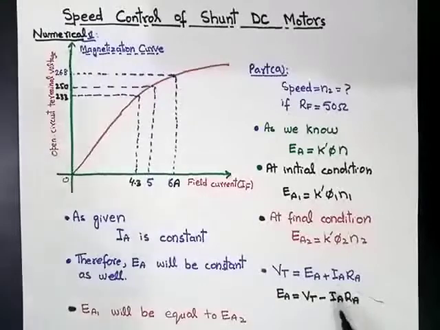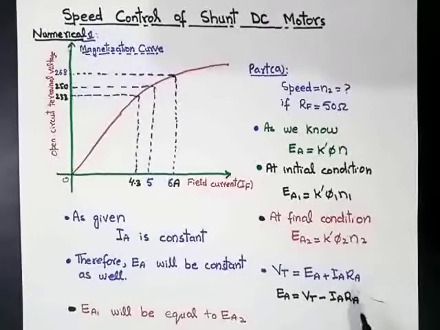The important point here is that the terminal voltage is constant, and the internal resistance is also constant. In the given parameters, the armature current is also assumed to be constant. That's why the value of IA will be constant as well.